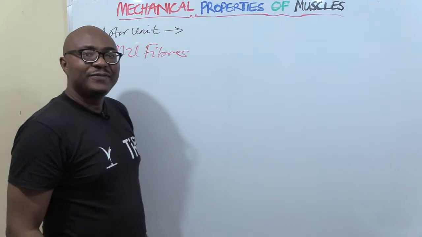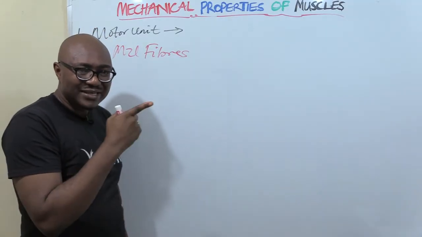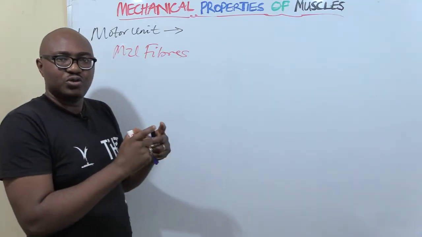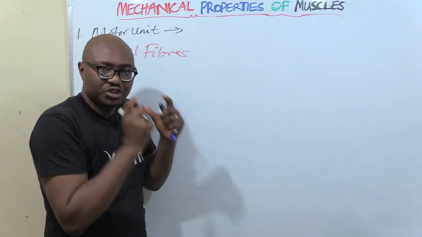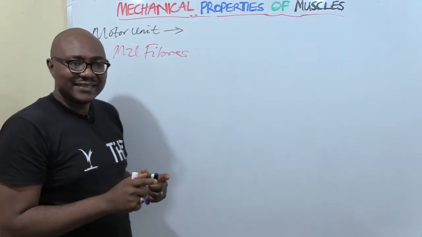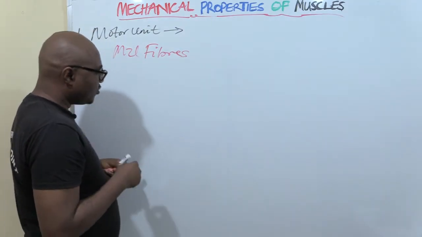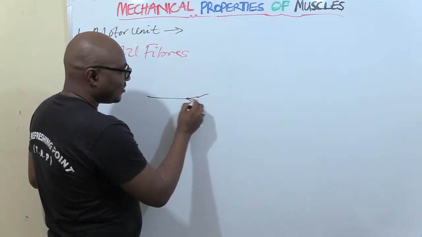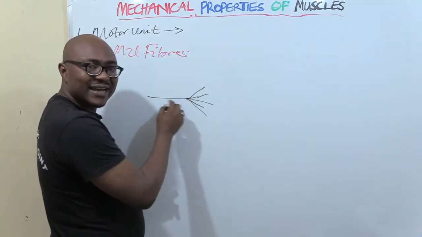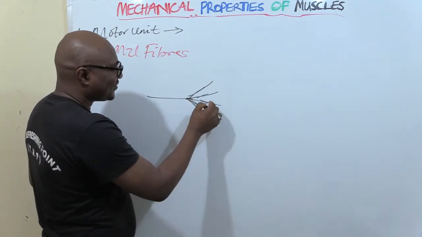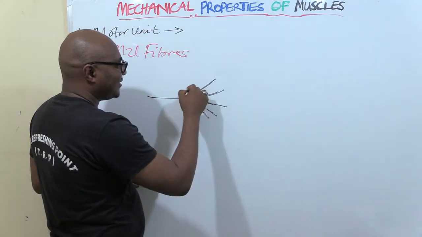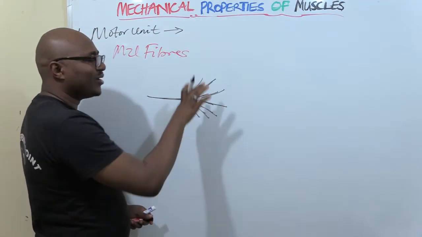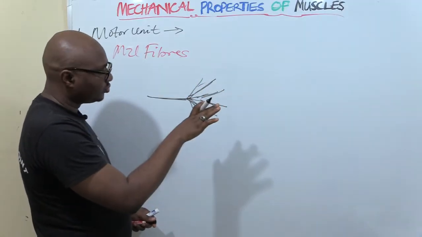So if 50 muscle fibers are supplied by one neuron, that group is known as a motor unit. They will contract together. They will do everything together. Because you know why? When a neuron is giving off its axon, its terminal branches at the end of the axon, it has different branches like this, that supply either another nerve or a muscle, in this case a muscle.